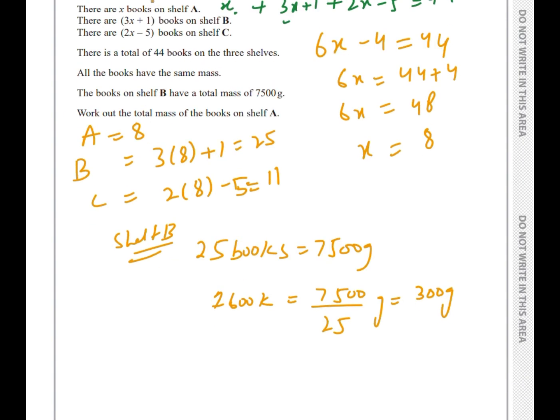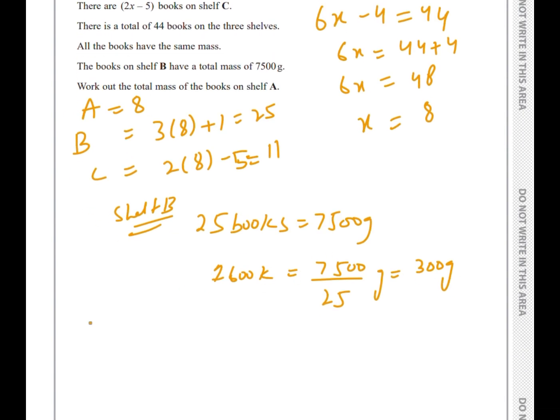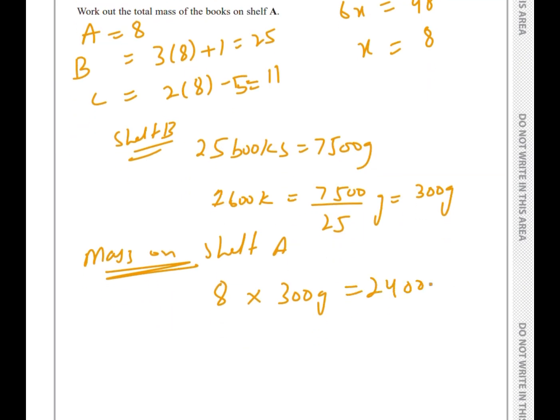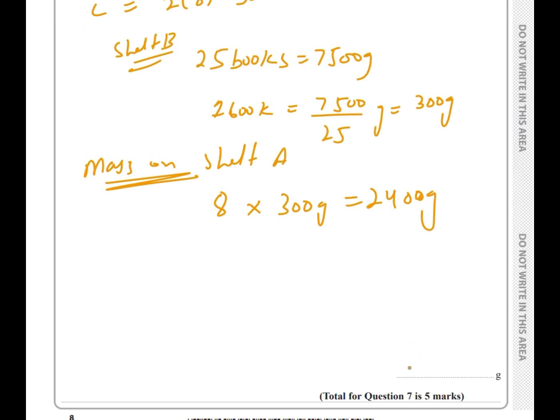So you can use this to figure out the mass of the books on shelf A. You just have to do 8 times 300 grams. 8 times 300 grams is going to give you the mass, which is 2400 grams. Hope that's clear.